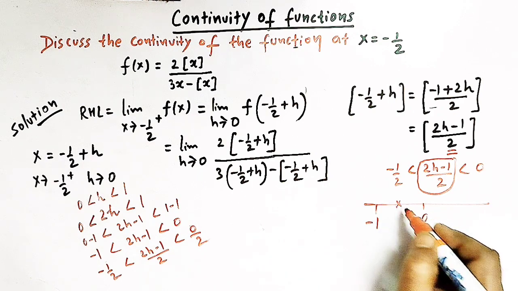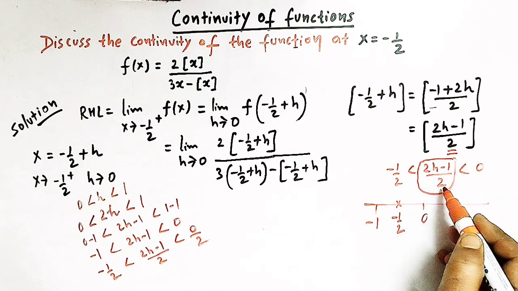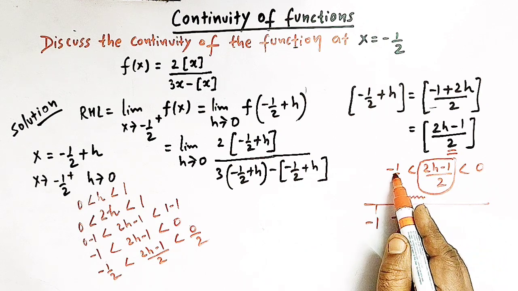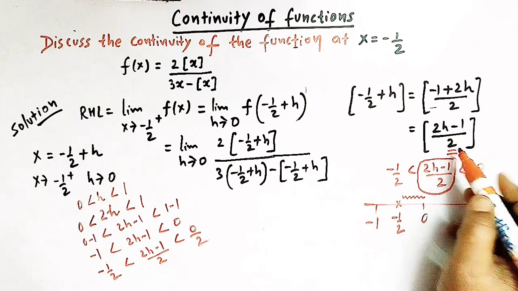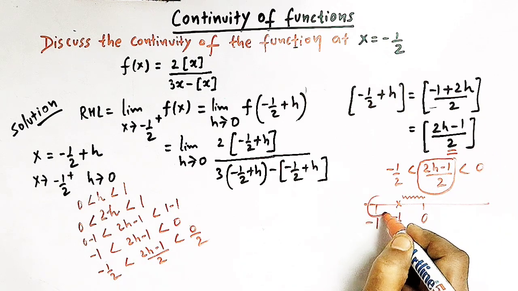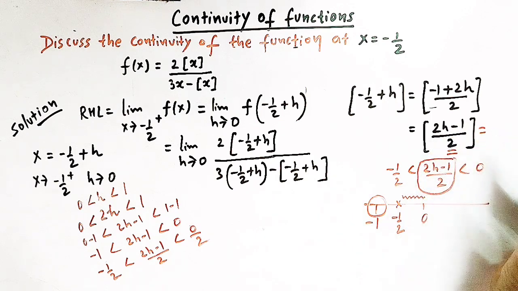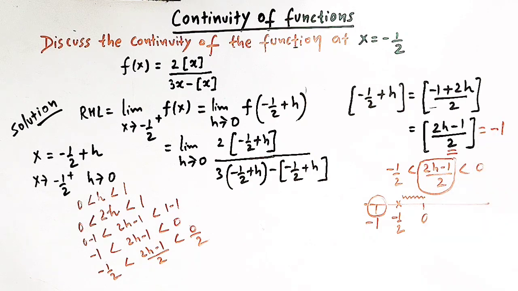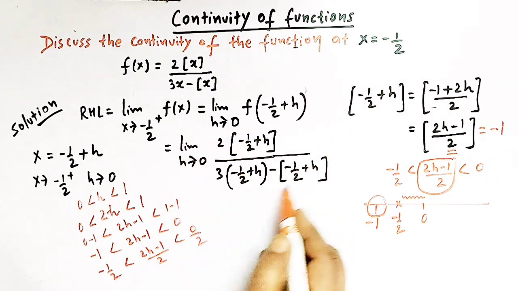So minus half lies somewhere here. So the value of 2h minus 1 over 2 lies somewhere between minus half and 0. So the greatest integer of 2h minus 1 over 2 should be equal to minus 1, by definition of greatest integer function.